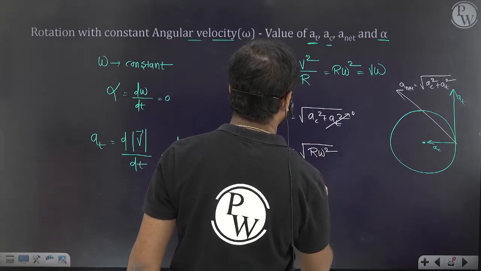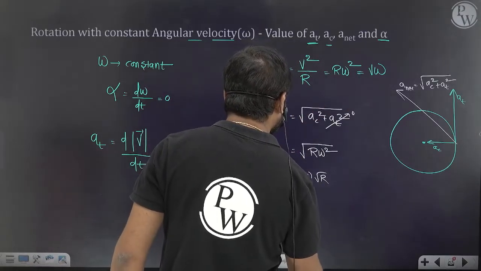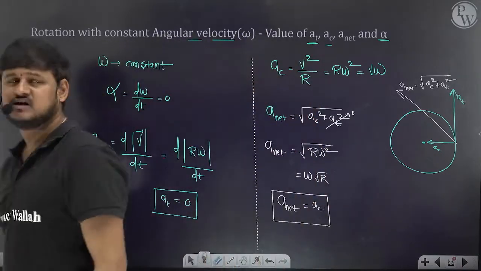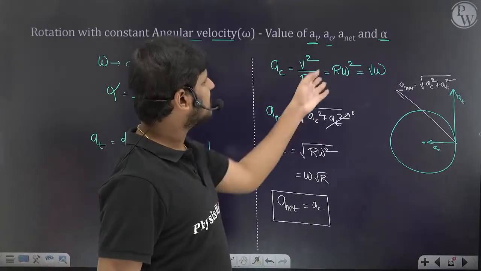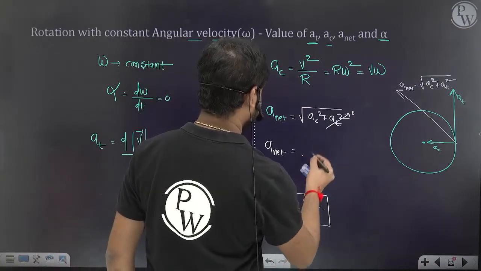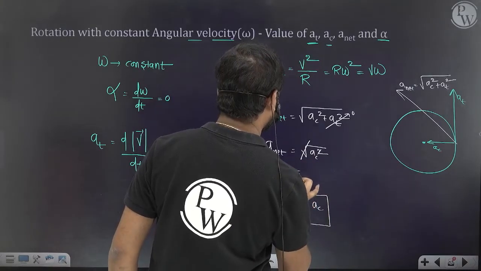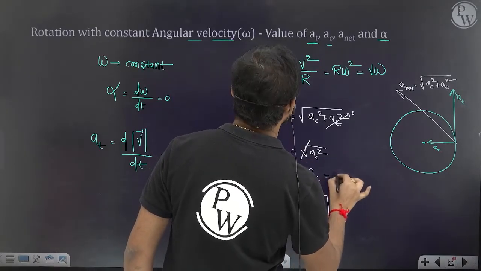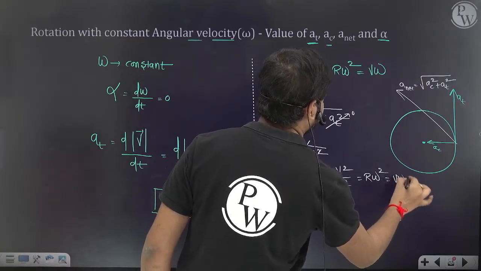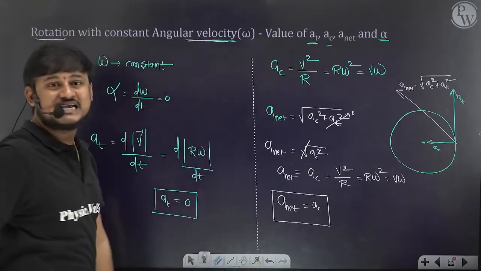We can simply say that A net will be equal to AC in this particular case, because the square and root cancel. So A net is simply AC, which is either v square by r, or r omega square, or v omega. This is rotation with constant angular velocity, if omega is constant.